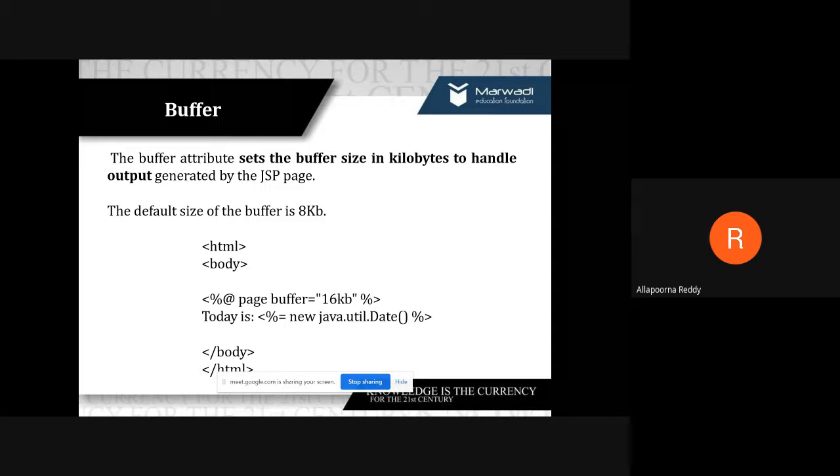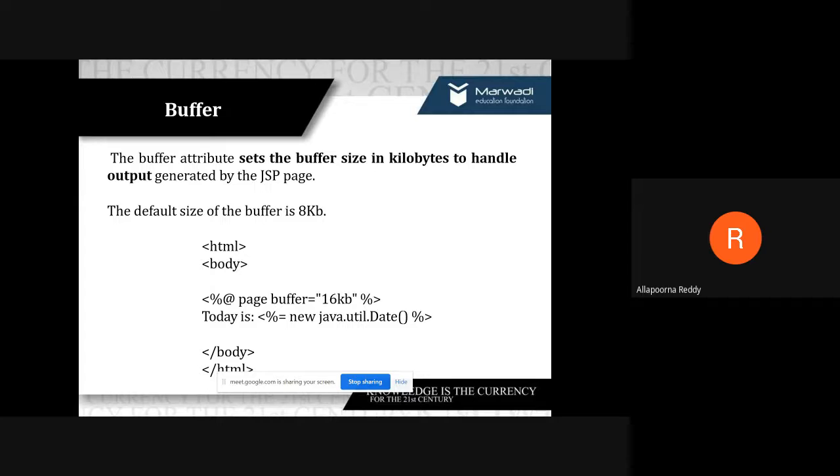But when you have more objects, say 10 to 12 objects, or maybe 5 to 6 objects, these cannot be stored in a space of 8 KB. Then you want to increase the size of your buffer.